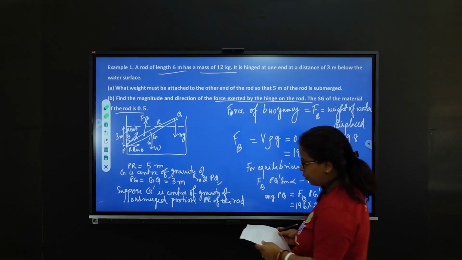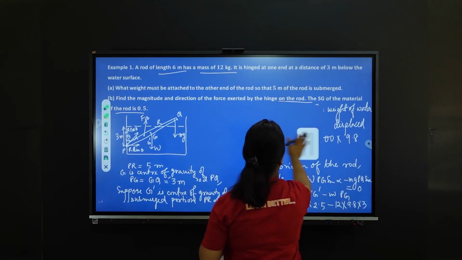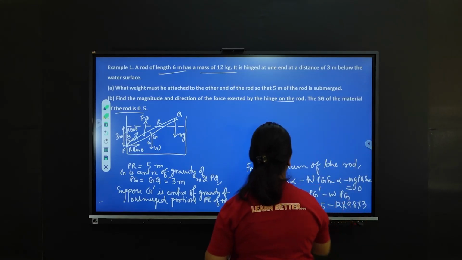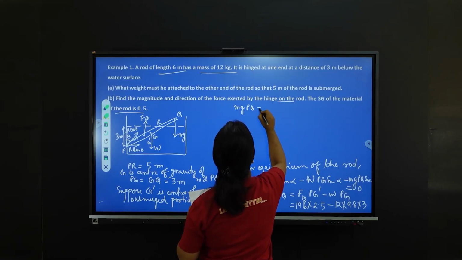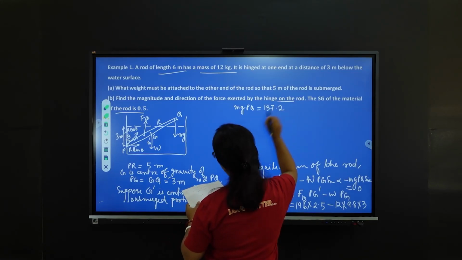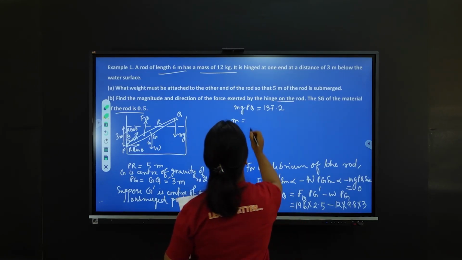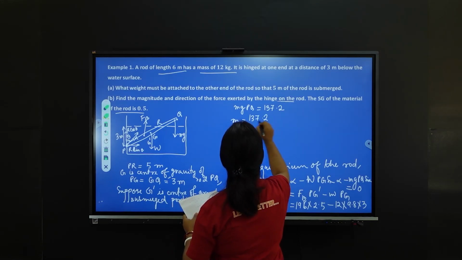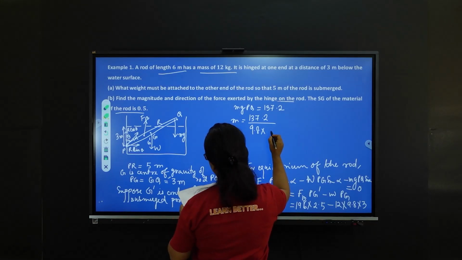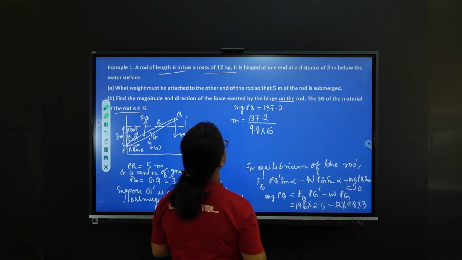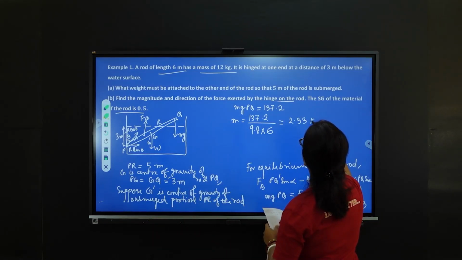So ultimately we get from here mg PQ as equal to 137.2. I advise you to go through the calculations. Sorry for any mistakes. So this is 137.2 by 9.8 times PQ, which is 6 meters, the length of the entire rod. So this gives us a mass of around 2.33 kg.